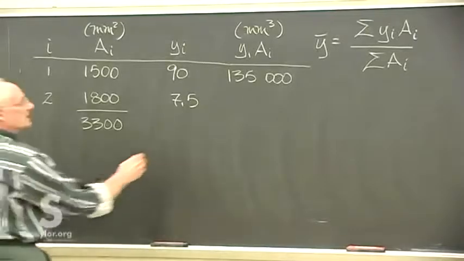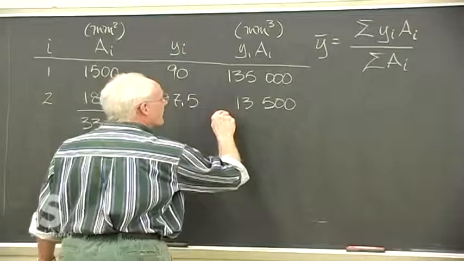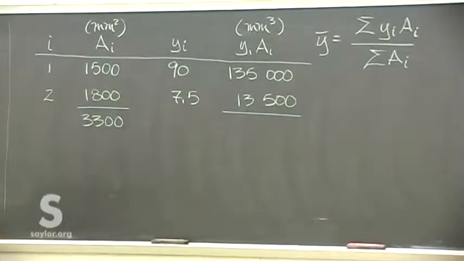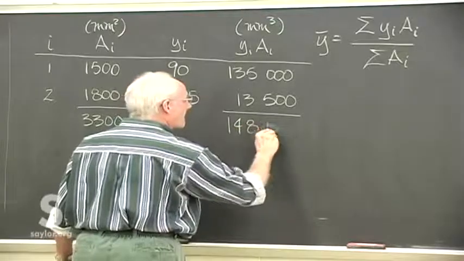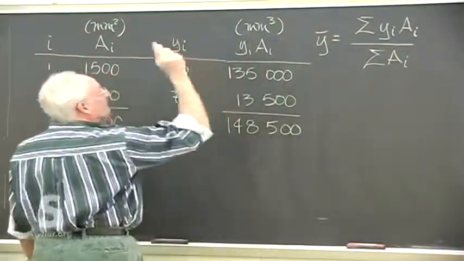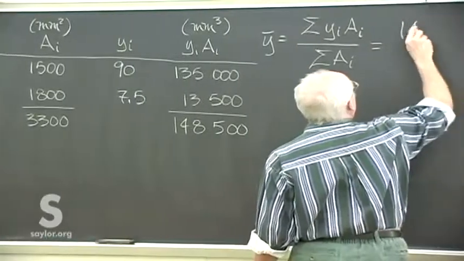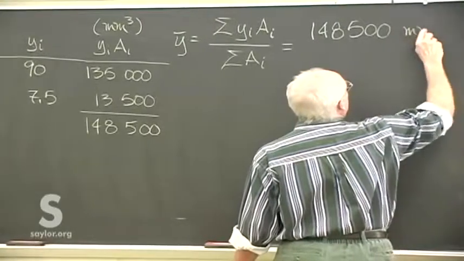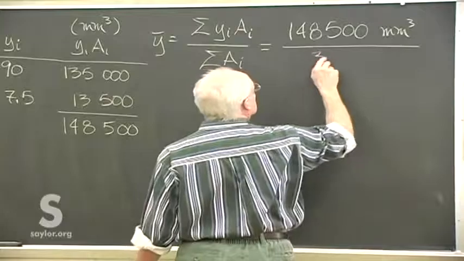And the other one's 13,500. And those we need added up because that's the numerator. And then we can figure out where Y bar is. So those add up to 148.5 thousand millimeters cubed. So now we can do this: 148.5 thousand millimeters cubed over the sum of the areas, 3,300.